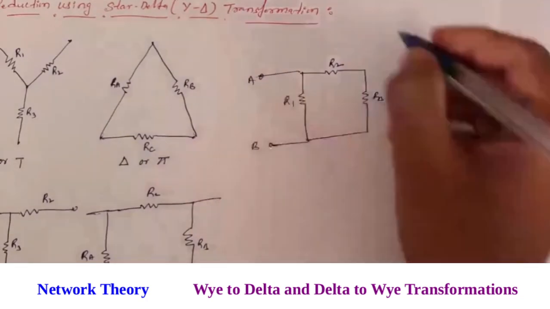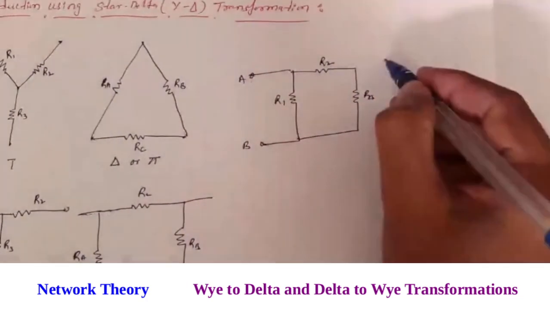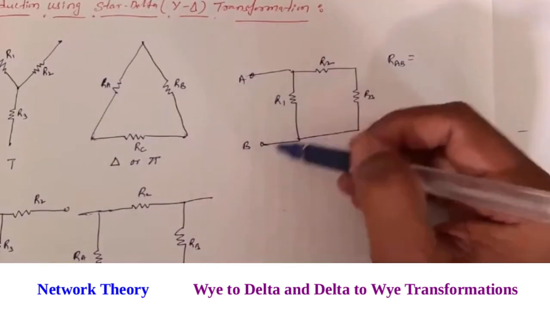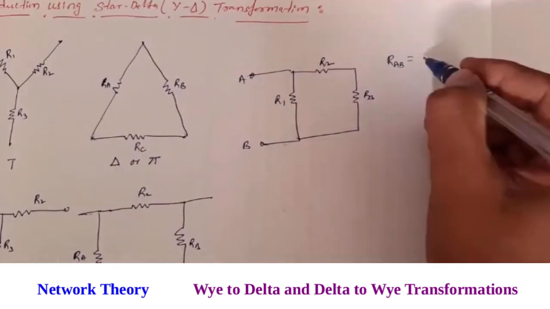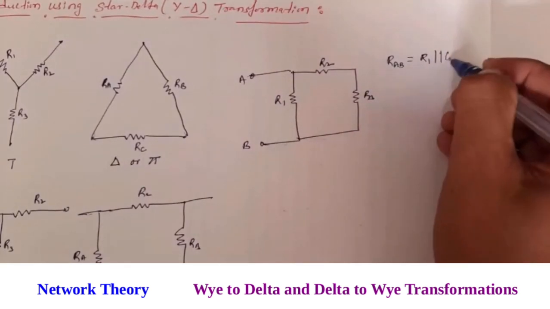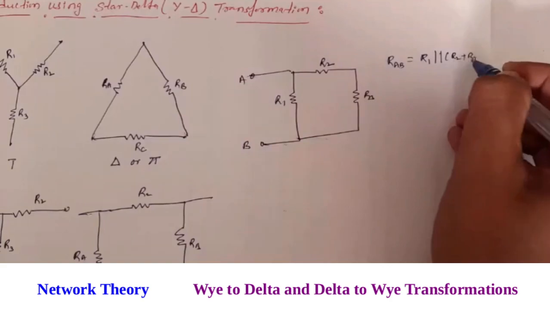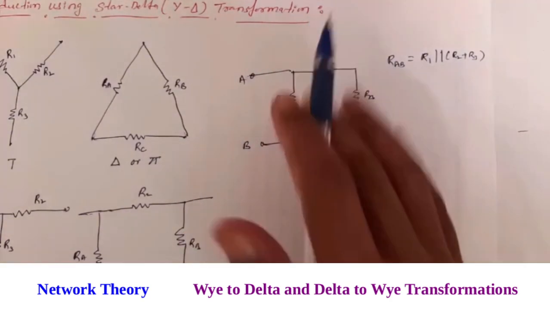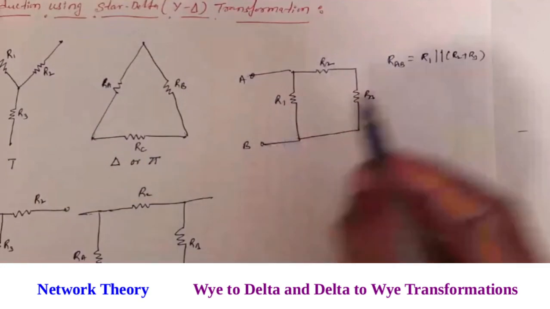If I want to find the resistance across AB, which is RAB, what do you write? It is very simple: R1 parallel with R2 plus R3. R2 and R3 are in series, and this combination is in parallel with R1. So you can easily reduce this network.